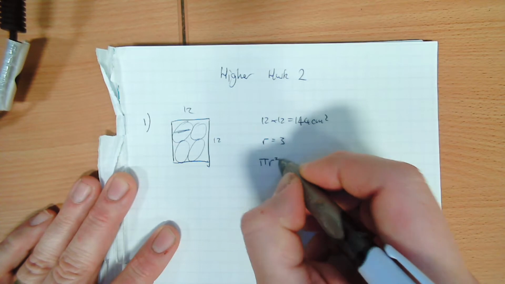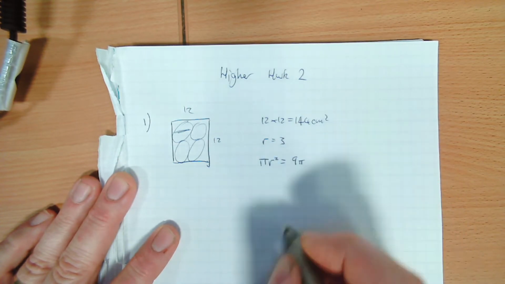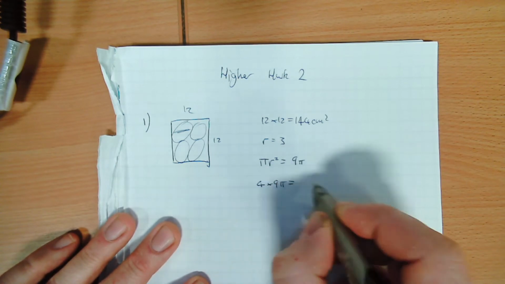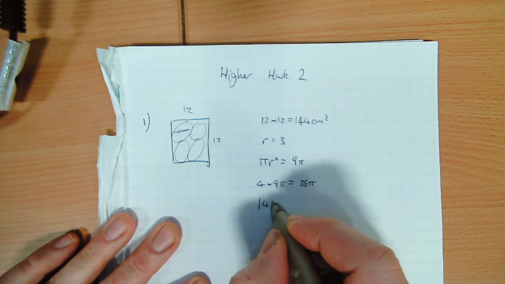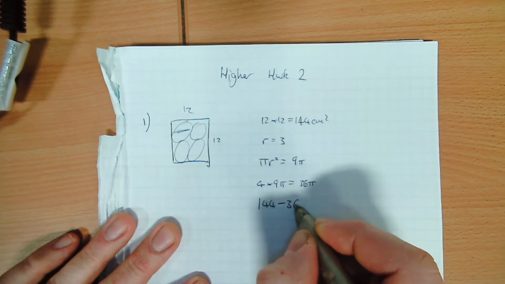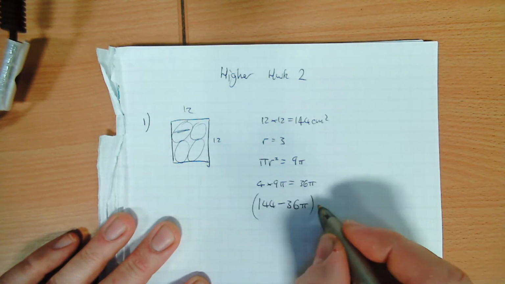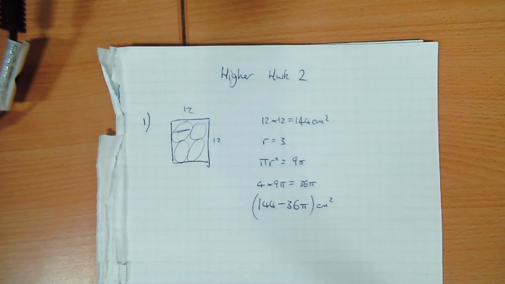The area of each circle is going to be pi times 3 squared, 9 pi, and there were 4 of those, so that's 36 pi. So the shaded area is 144 minus 36 pi, and everything's in centimetres, so it's centimetres squared.